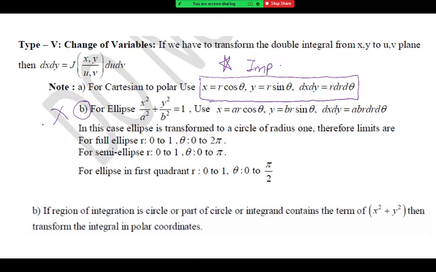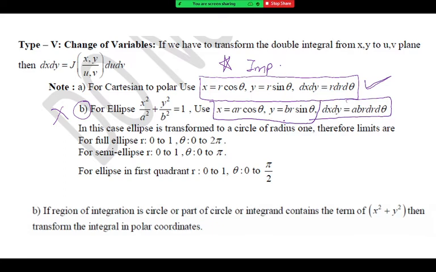So for ellipse there is a small change: the standard Cartesian to polar transformation is not used. Instead of x equal to r cos theta, y equal to r sin theta, some special transformations are used. We replace x equal to ar cos theta, y equal to br sin theta, and then dx dy is replaced by abr dr d theta.